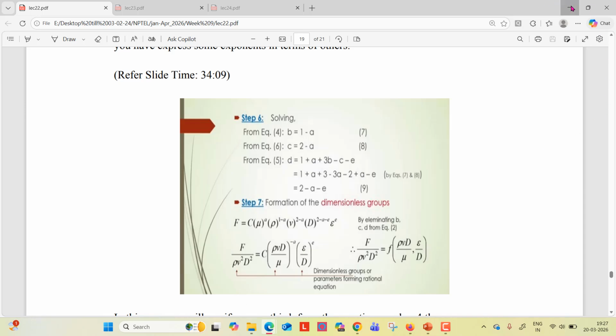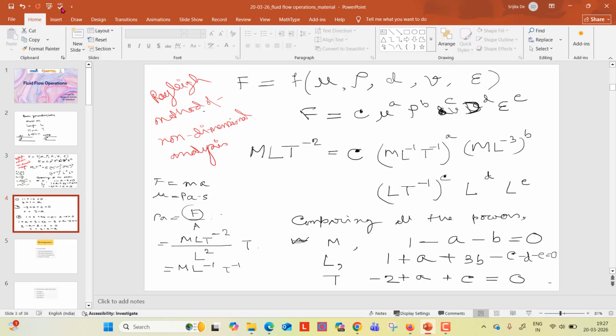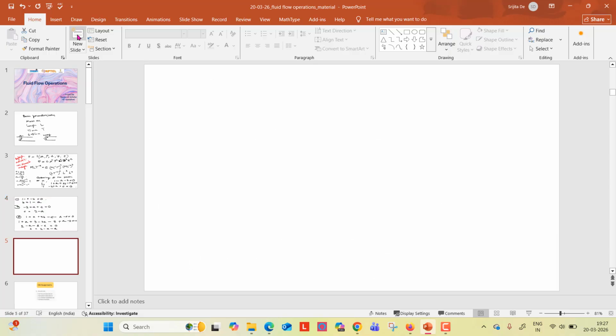F equals C times mu to the power a, rho to the power b, V to the power c, D to the power d and epsilon to the power e. Okay. So now we are putting the values.